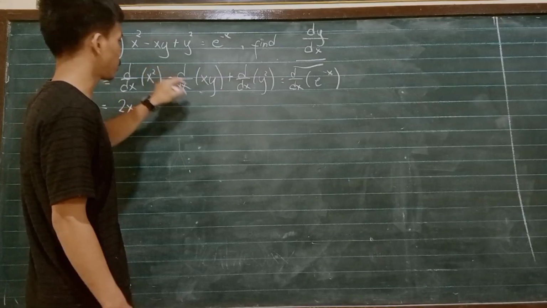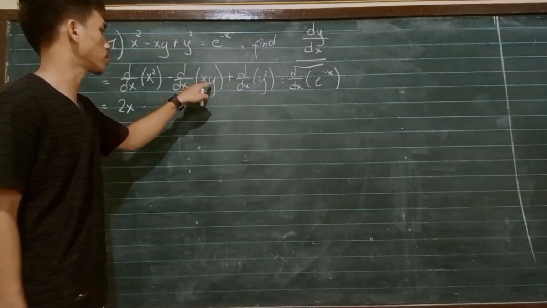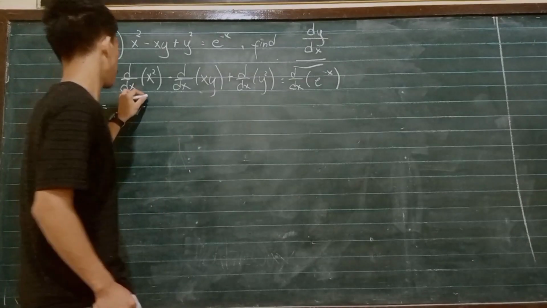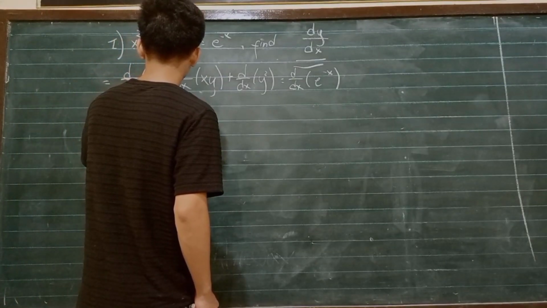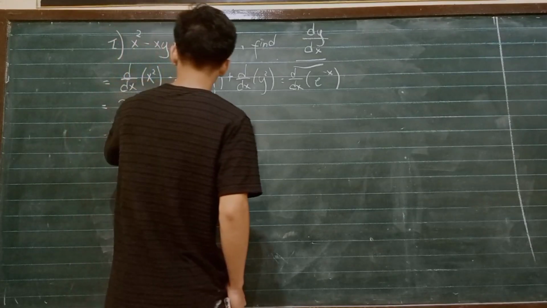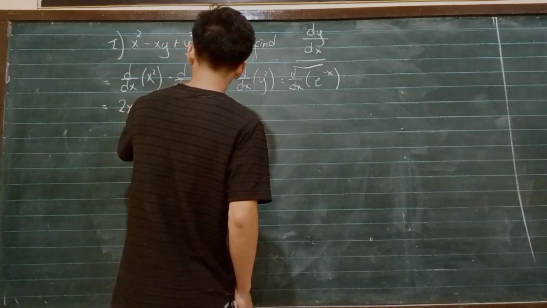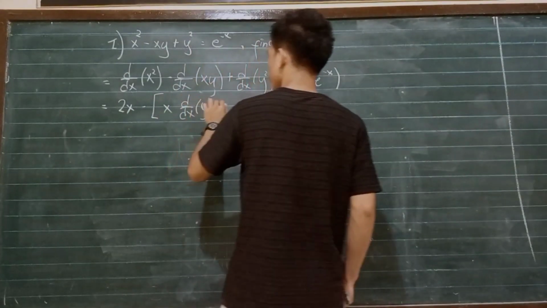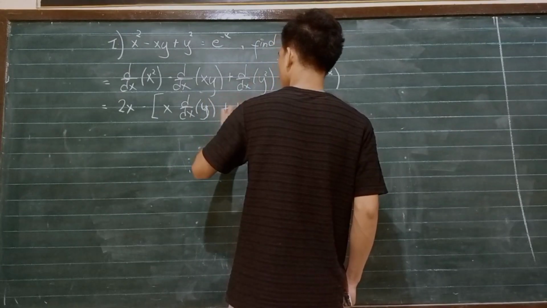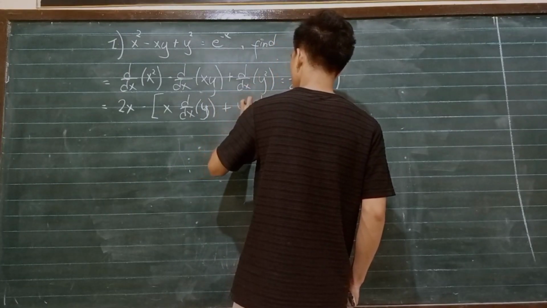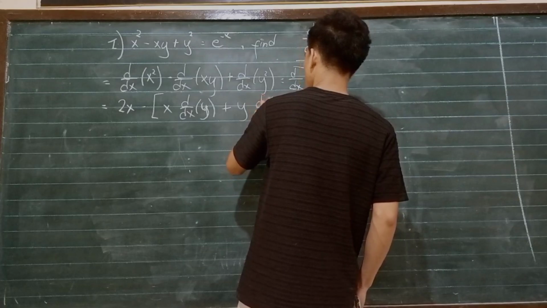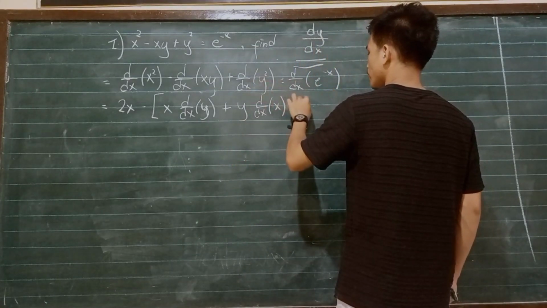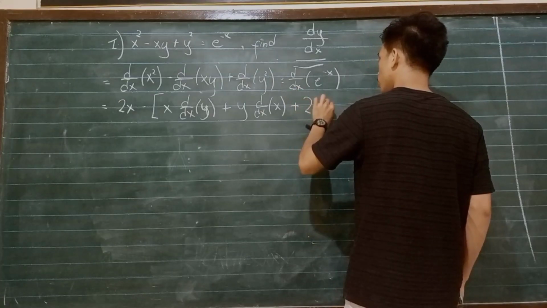Then, as you can see, it has two variables, meaning we will use the product rule in this situation. Thus, it will become x, which is the u, times d over dx of v, which is y, plus y, times the derivative of x, plus the derivative of y squared is 2y y prime.